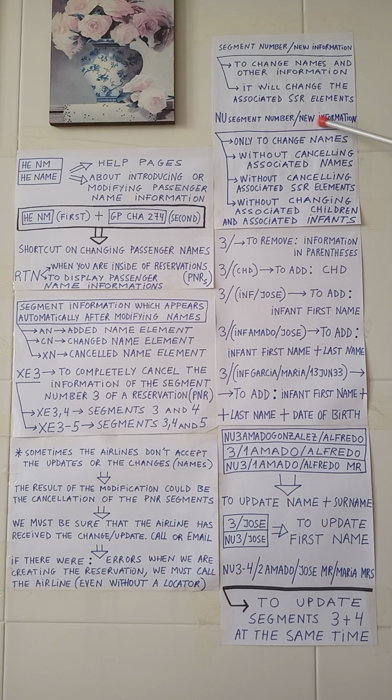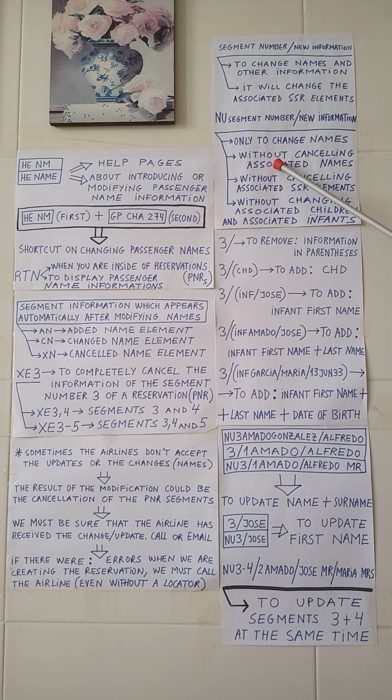The second way to modify a name consists of writing the NU code at the beginning of the transaction that I explained earlier. NU is the abbreviation of 2 English words: name update. This method is only used for the modification of names.